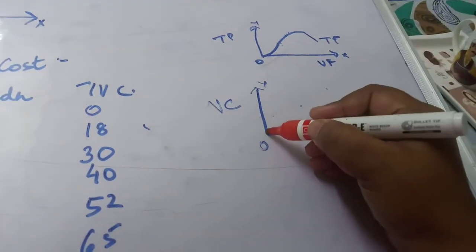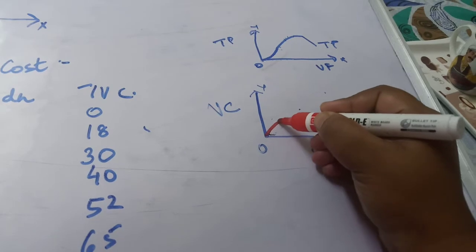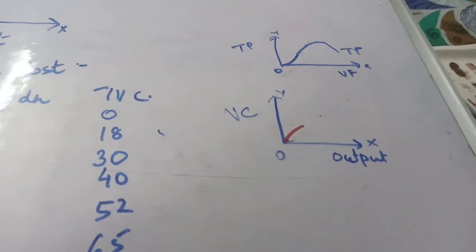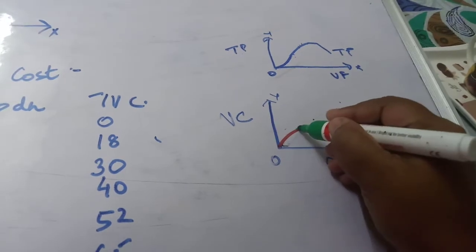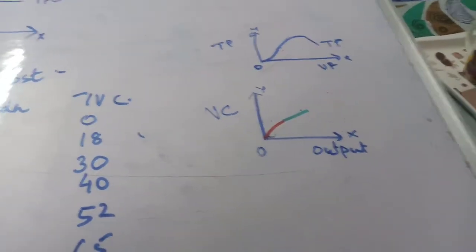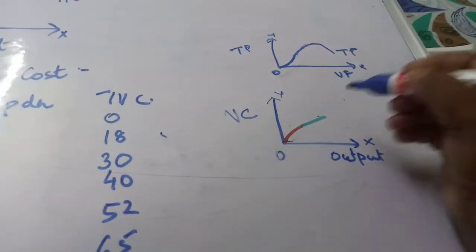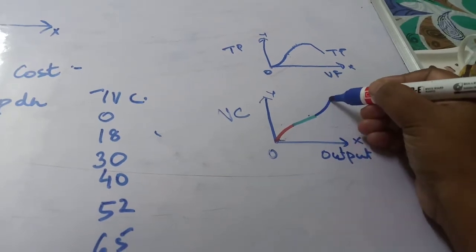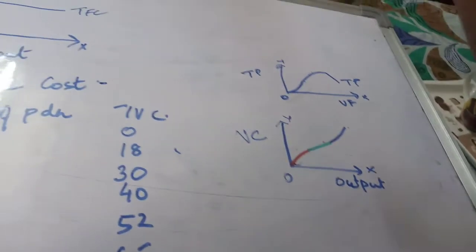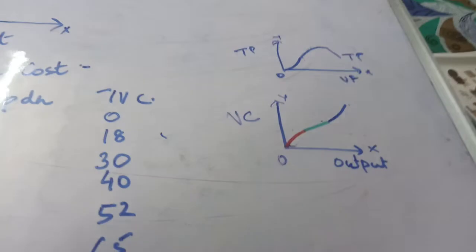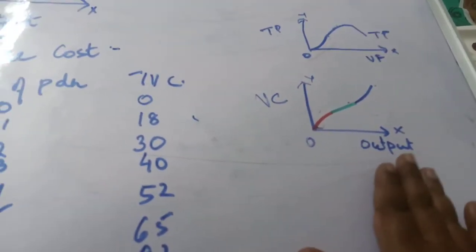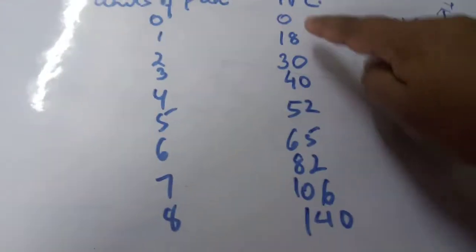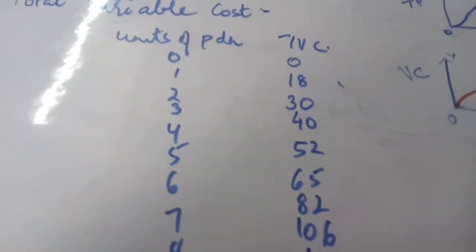Variable cost first increases at diminishing rate, then it increases at constant rate, and then finally it increases at increasing rate. Okay, this is how. And in order to see this happening, you're going to plot this on a diagram.